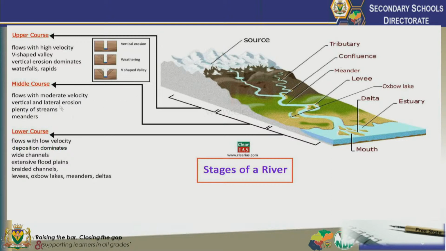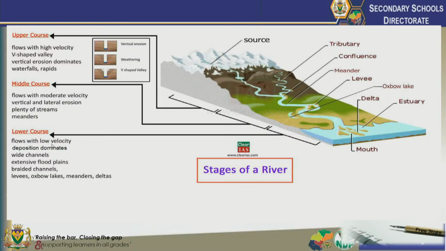In the middle course, where the speed now is just moderate, and you have both vertical and lateral erosion, then there are a lot of streams, because now there's more water again, then you'd find meanders. That's what you expect to find in the middle course.